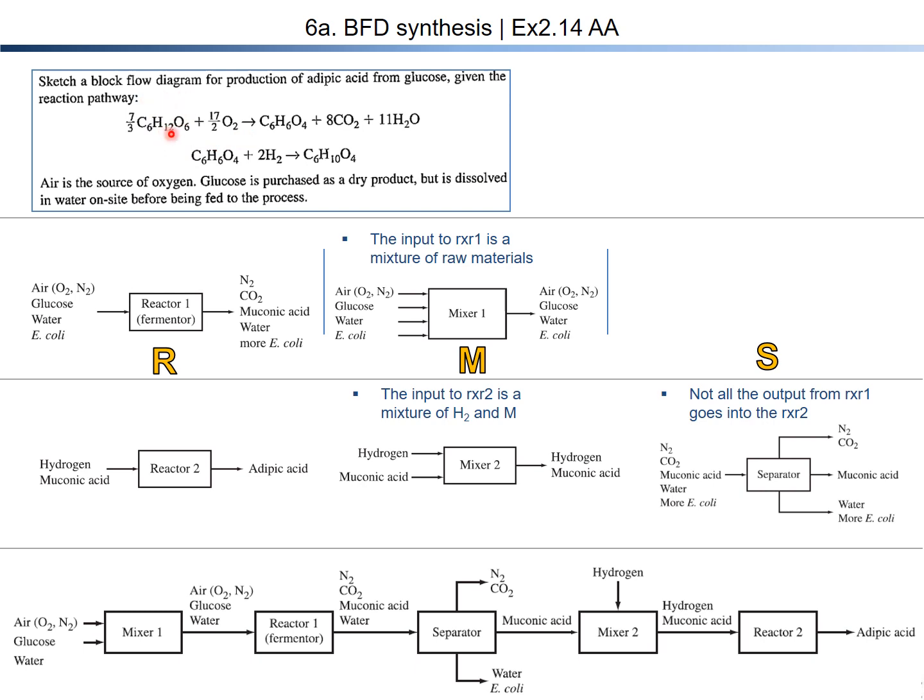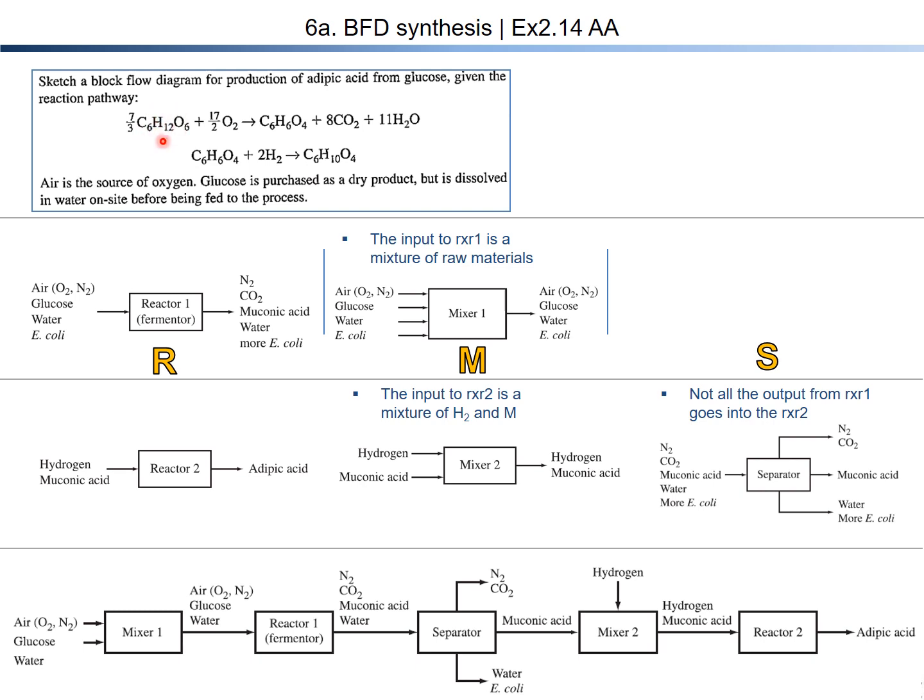This is the glucose, and oxygen is going to an intermediate, which is muconic acid, and then going to carbon dioxide and water. This is a kind of digestion process or combustion process by a bacteria, E. coli.